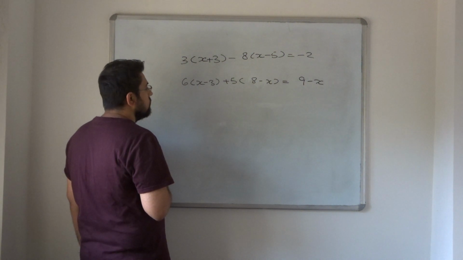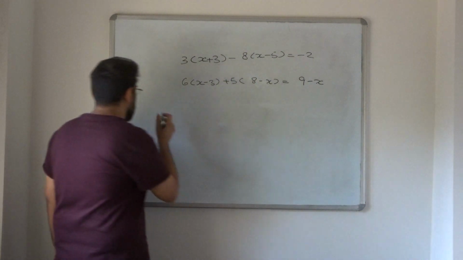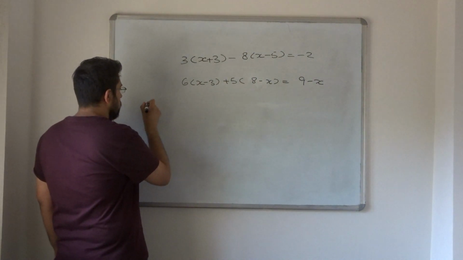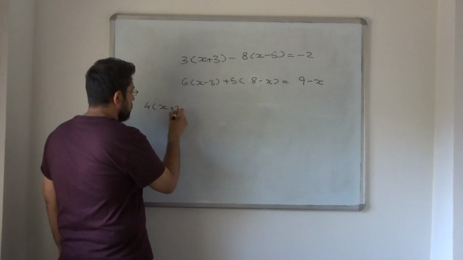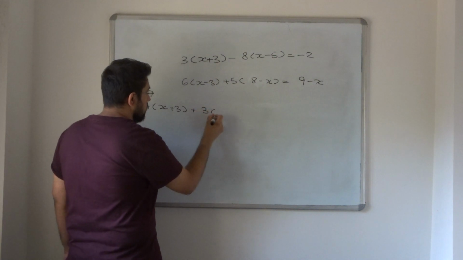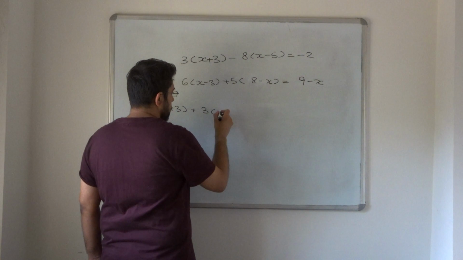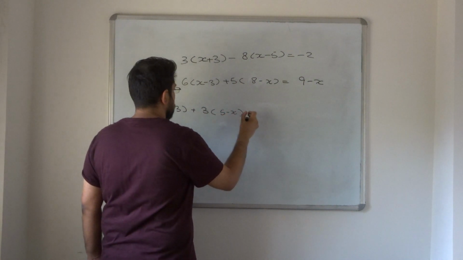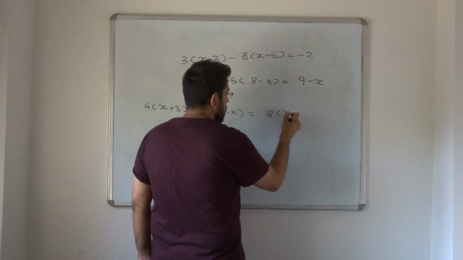But let me just make it a little harder. So let's just say maybe 4x plus 3 plus 3x, 5 minus x equals x plus 4.